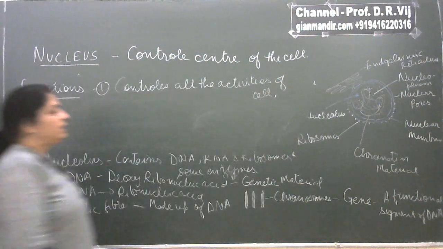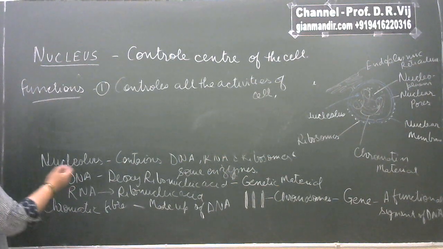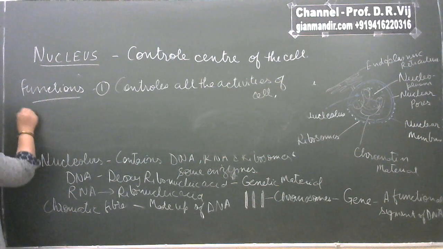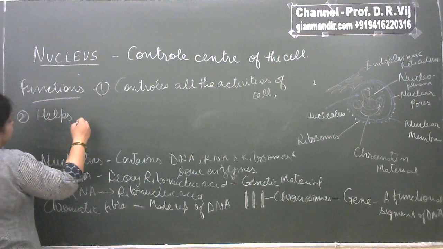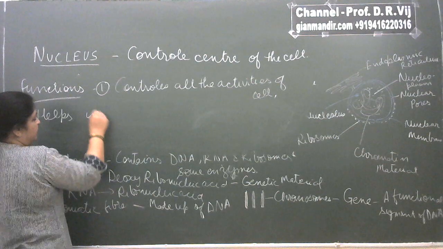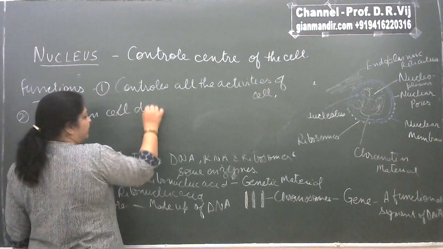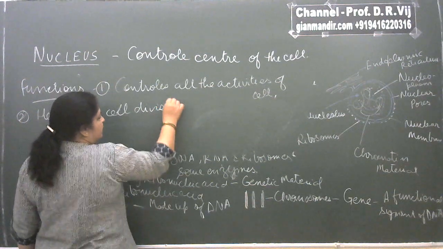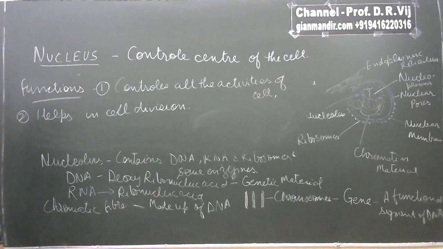Any process occurring in the cell is controlled by the genes, by the nucleus. Another one is it plays a very important role in cell division. You can say every cell division process is initiated by the nucleus.